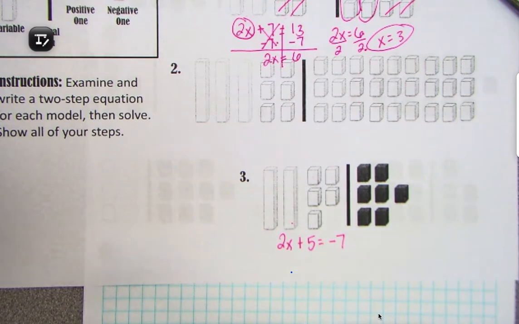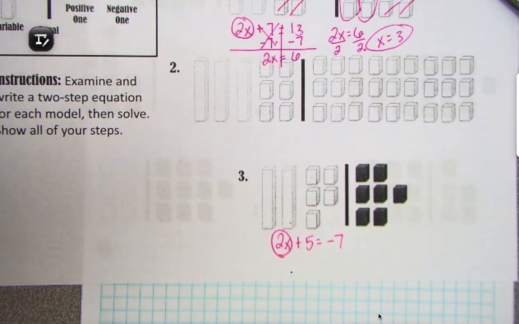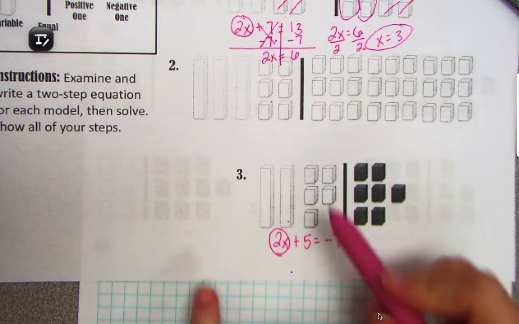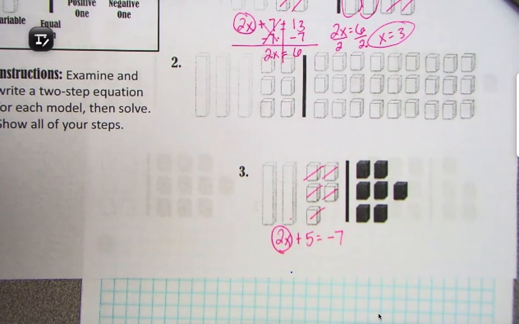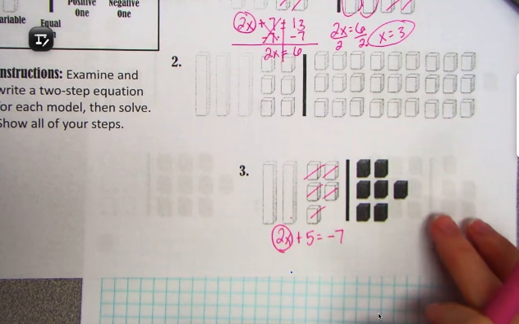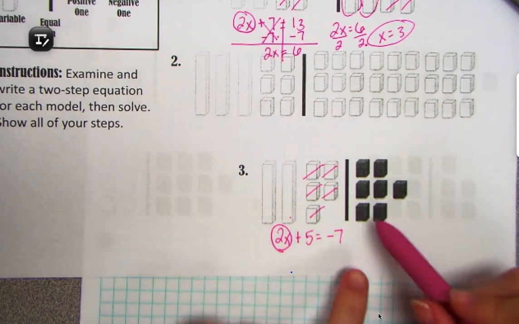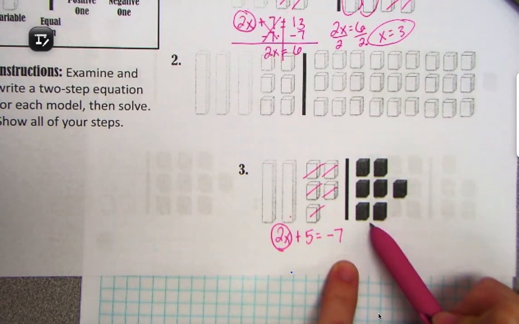So 2x plus 5 equals -7. Remember, I want to get my variable term by itself, so I'm going to get rid of these positive 5's. Well, if I get rid of them here, I have to get rid of them here. But the problem is, I don't have any positive cubes that I can get rid of. I only have negative cubes.